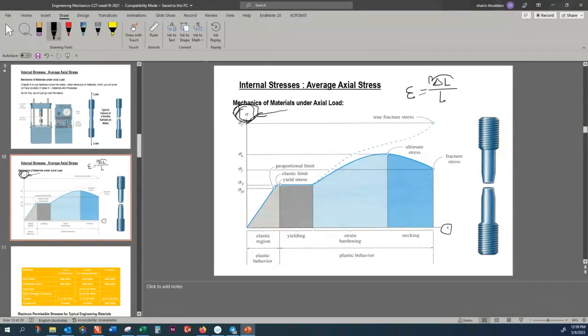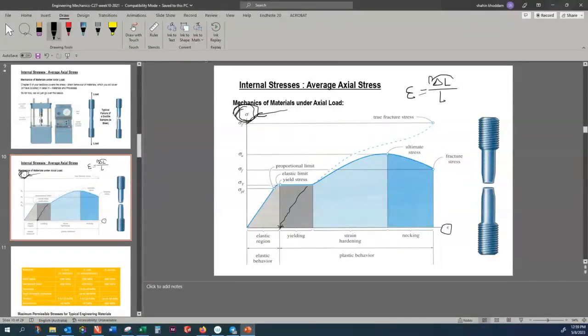This is like a spring. If you pull a spring, it becomes longer. When you release it, it contracts. It comes back to the original configuration. But if you increase the force, the spring would permanently become elongated. Even if you remove the force, it won't come back to the same position. It would have some permanent deformation.